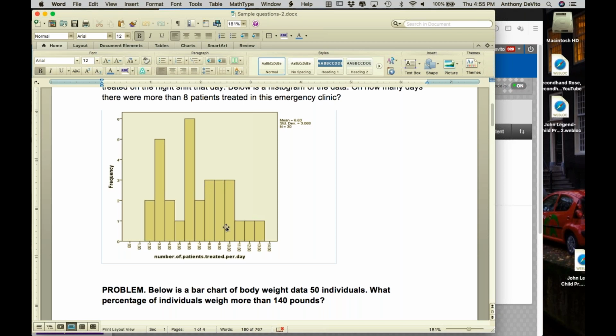And how many nights were there 11 or more? 3 out of 12. So 3 over 12, 25% of those nights. What kind of probability is that? It's a conditional probability. Given this condition, that 8 or more were treated, what percentage of those nights did we have 11 or more patients? So that's a conditional probability.